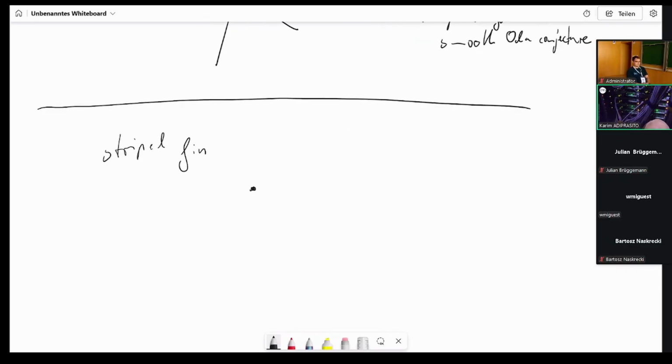Well, this is a star-shaped polyhedron. Let me define a fin first.